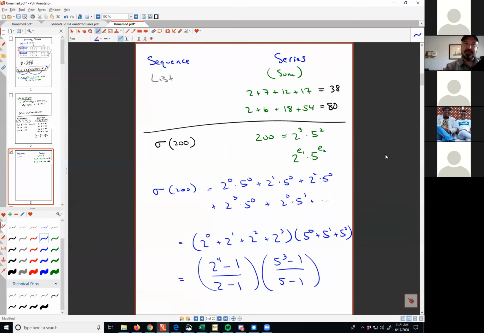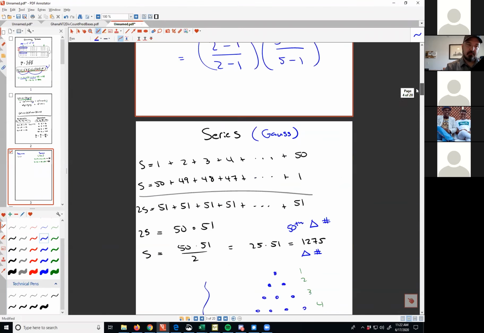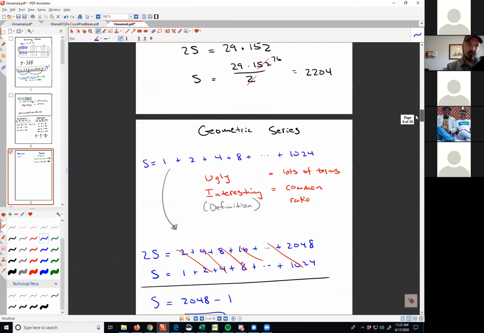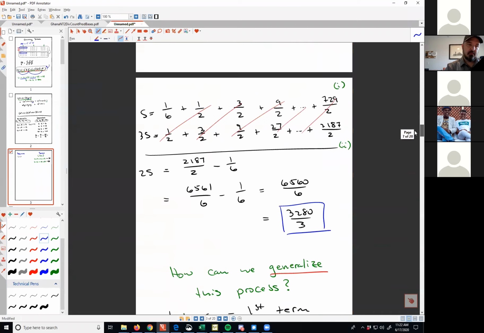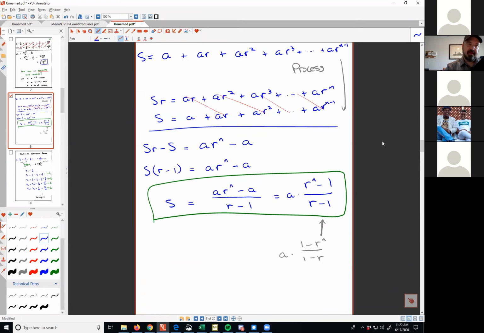How did I get those? It's that formula right there. But our first term is just 1.